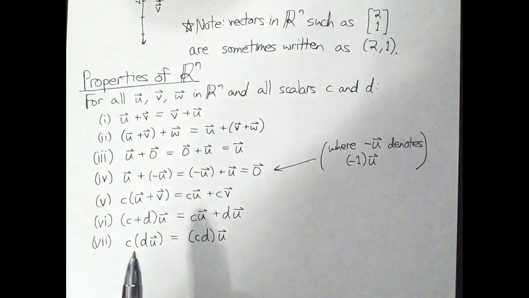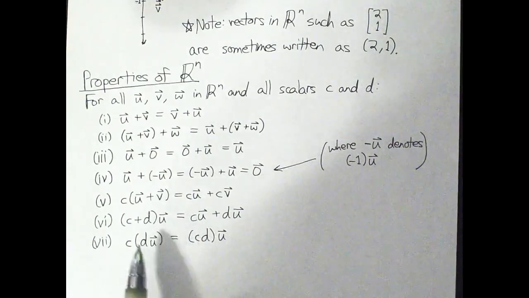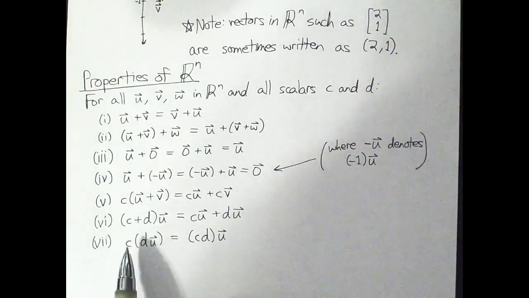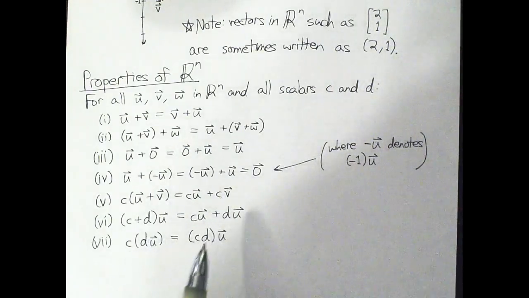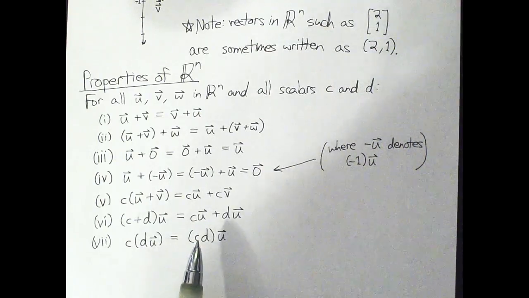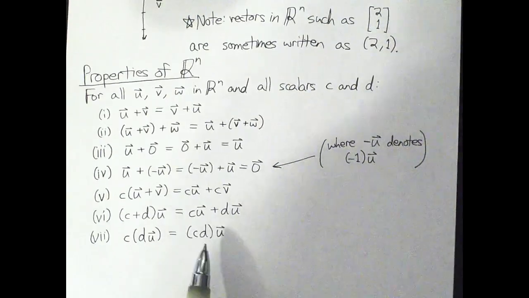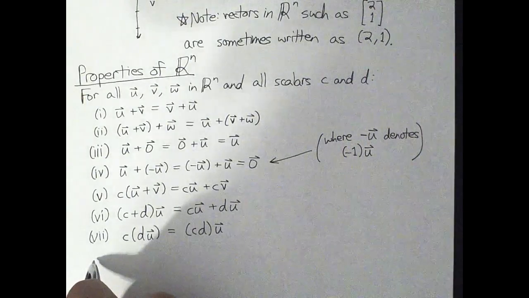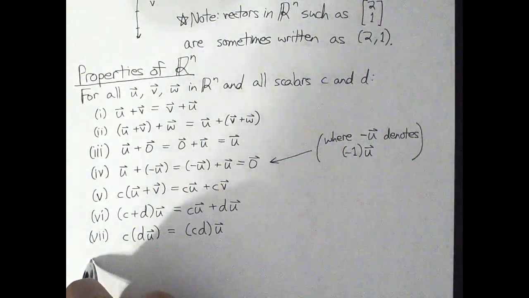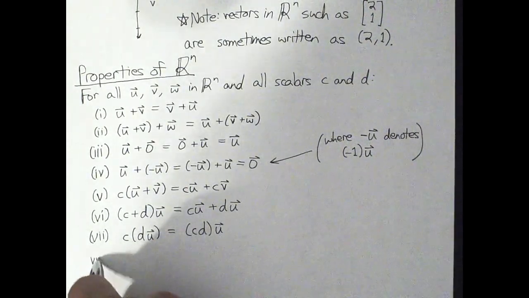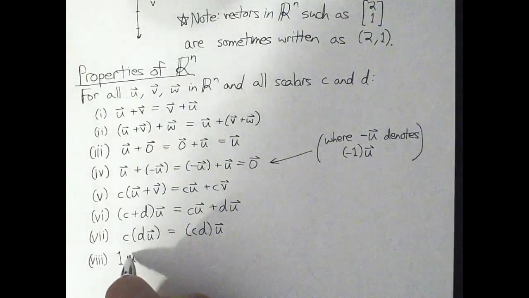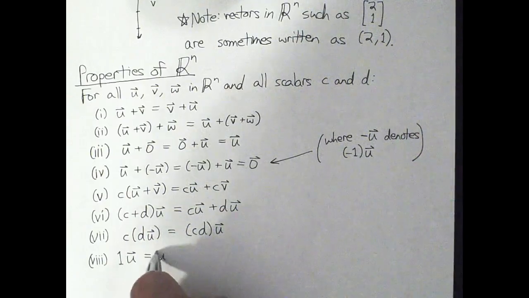Instead of doing d times u first, as the parentheses suggest, and then multiplying by c, this property says it's okay to just multiply the two scalars, cd, together to get one scalar, and then multiply it by u. And one more for now is property 8. Property 8 says 1 times u is u.